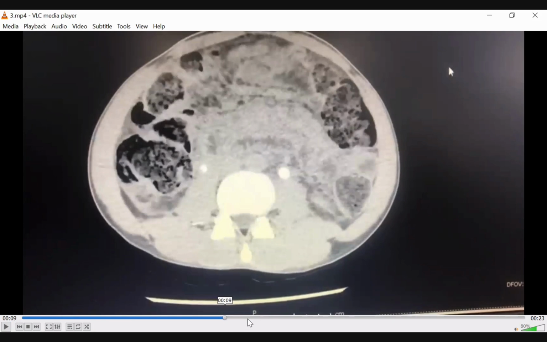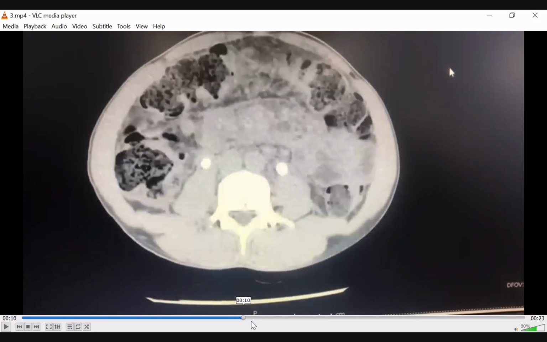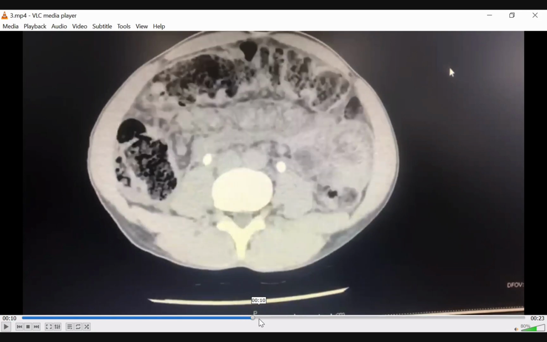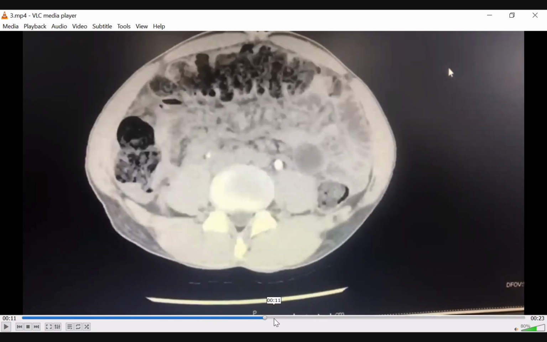What's happening here? It again seems to be dilating, right? Yes, sir. Right side is narrowed again.